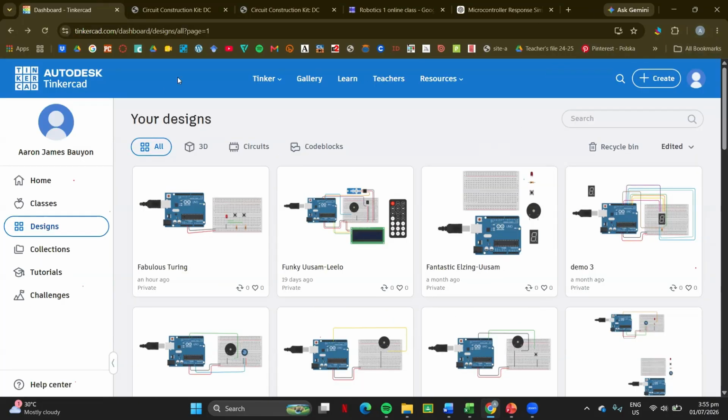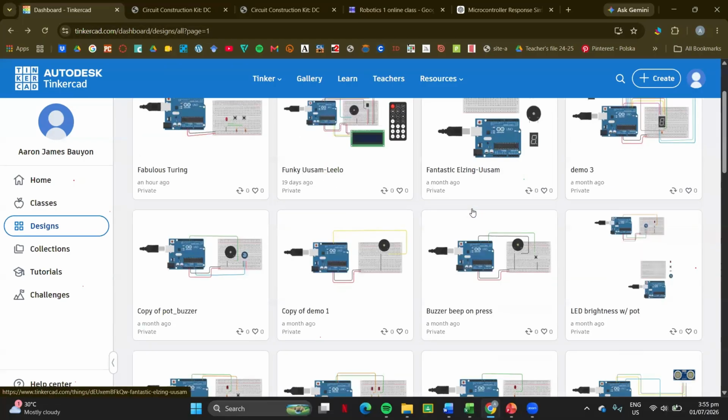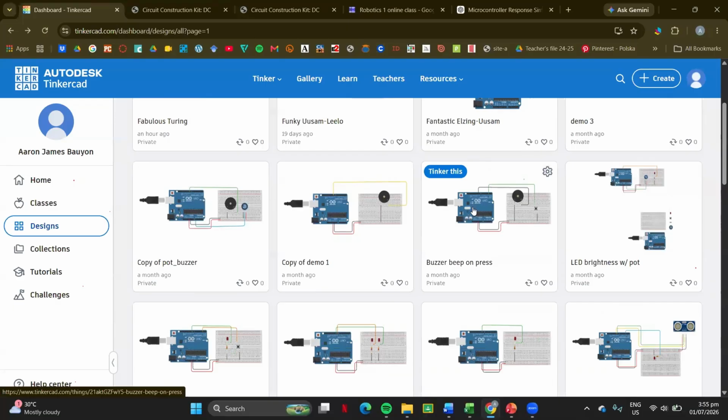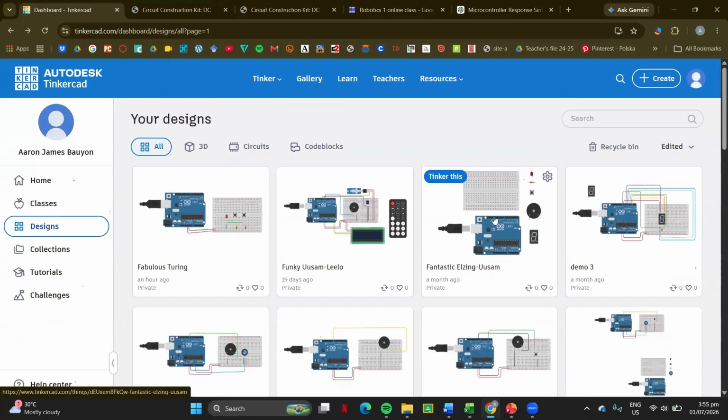What I'm showing you is Tinkercad. You can access this. This is a very good website where you can produce your own virtual circuits. When I produce your laboratory manual, this is where I made the circuit diagrams or the breadboard diagrams.